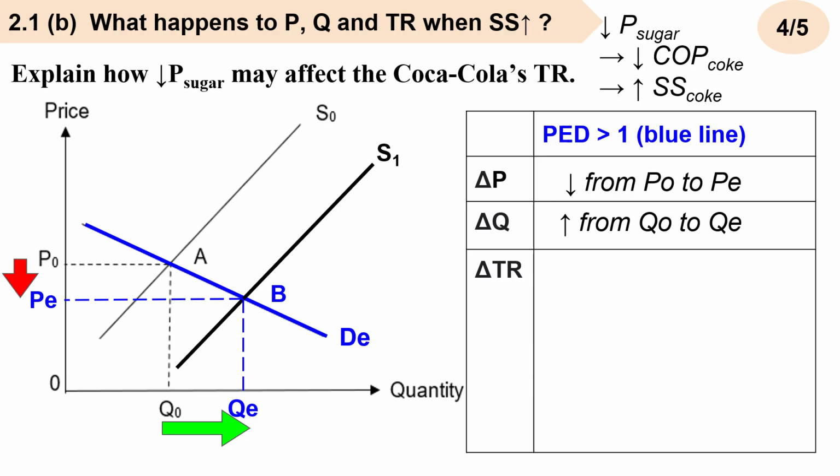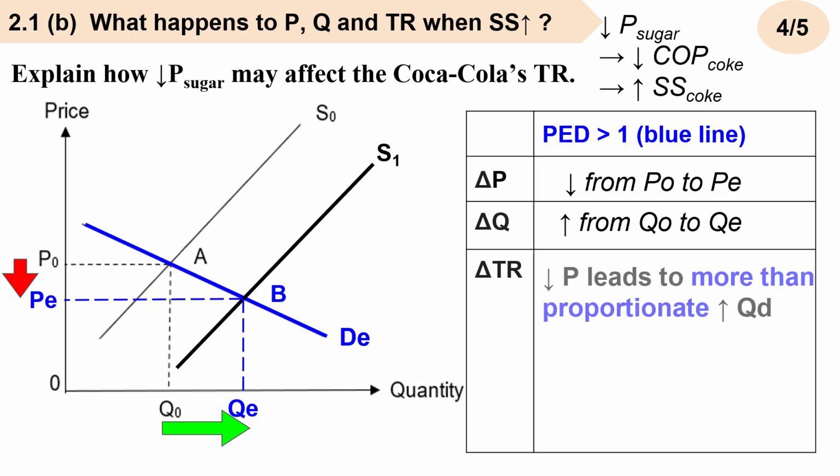So if PED is more than 1, because we established that Coke's demand is price elastic, will the decrease in price lead to a more than proportionate or less than proportionate change in QD? Who? Jennifer? More. Yes, a decrease in price leads to a more than proportionate increase in QD.